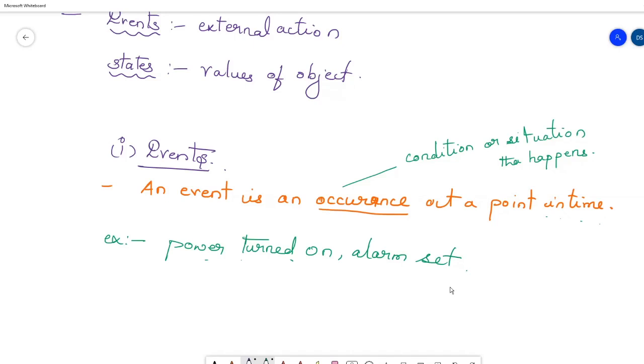Now events are of three types: signal event, change event, and time event. Now, what is this signal event?